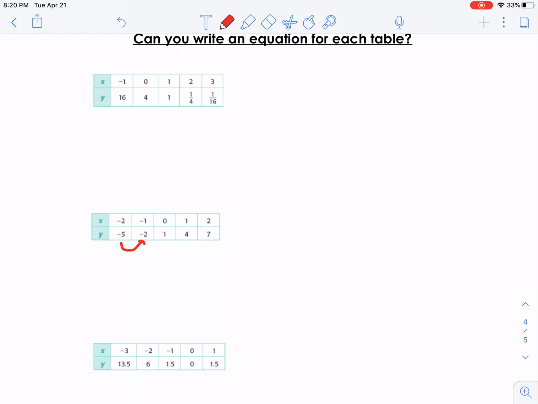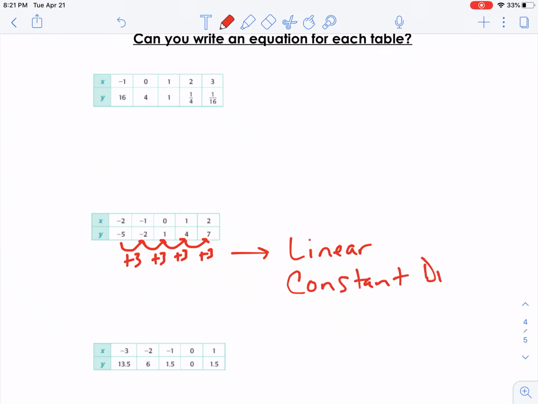See here, the y values are all going up by the same amount. In this one, they're all going up by 3, right? That makes it linear. There is a constant difference in the y values.